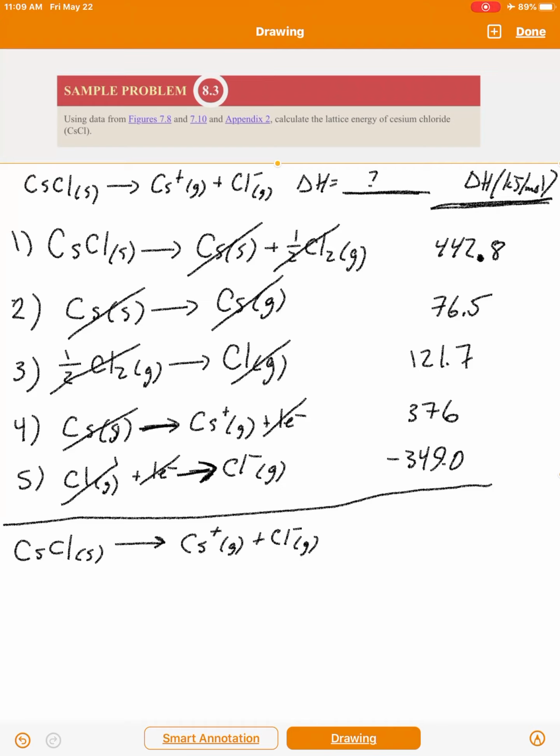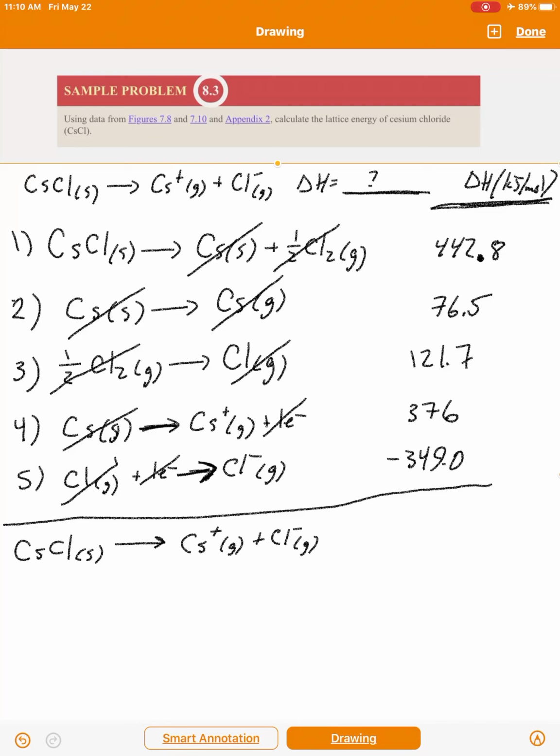That's the amount of energy it takes to rip these ions apart in the solid phase and put them into the gas phase, the attractive energy. Okay? So that means if we go ahead and add all these up together, we're going to get the right answer. And if you take 442.8, 76.5, 121.7, 376, and negative 349, you should get a value that's the lattice energy for CsCl.